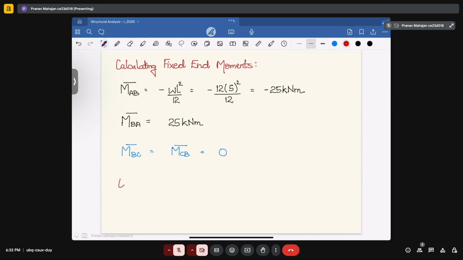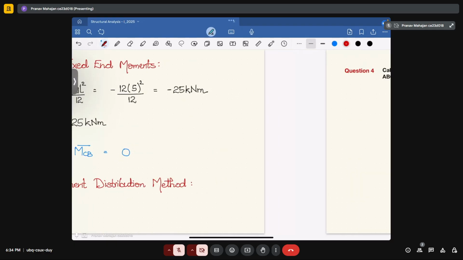So now using the moment distribution method, okay, so let's see how we will solve this problem.